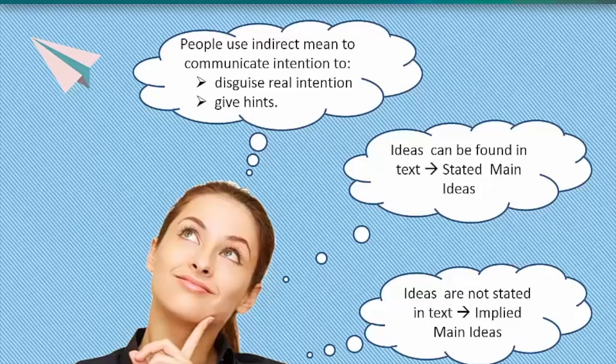As readers, it is easy for you to identify what a passage is about if the main idea is stated clearly in the passage. However, authors do not state the main idea of the passage all the time. When this happens, you need to use the information in the passage to determine the main idea of the passage. This is what the lesson is about, formulating implied main ideas.